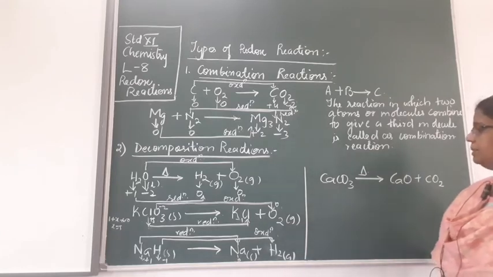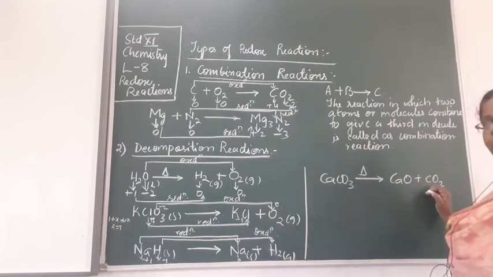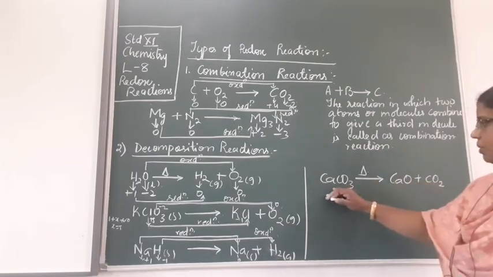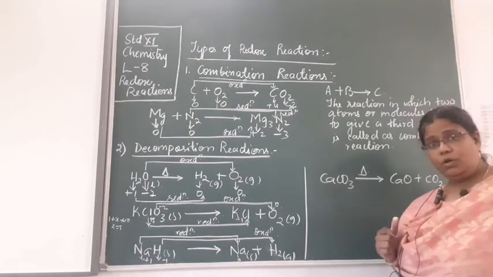अब ये वाला example लेके देखो, CaCO3. This is also a decomposition reaction, isn't it? A bigger molecule is broken down into two smaller ones. But is it a redox reaction?